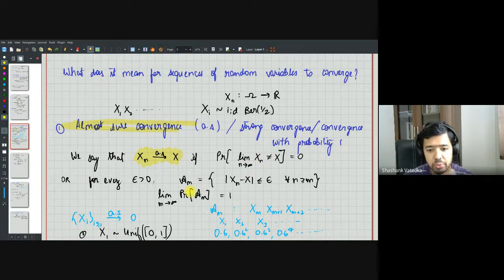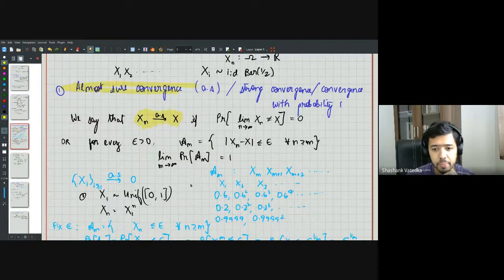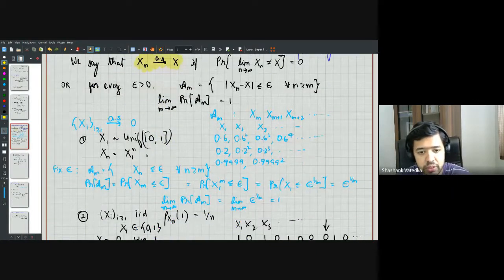Or another way of putting it was that if we define this event Am as the event that for all n greater than or equal to m, xn is epsilon close to x, then the limit as m tends to infinity, probability of Am is equal to 1. Okay, and we saw three different examples. One where x1 is uniformly distributed in 0, 1, and xn is x1 raised to the n.